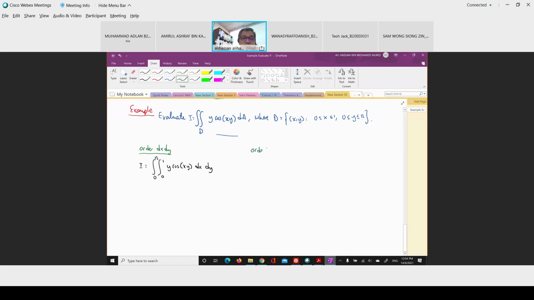Another possibility is using the order dy dx. Then we have I equal to y cosine xy dy dx. So the inner limit is for y, and the outer integral has limits for x between 0 and 1. What do you think? Which one is preferable here?